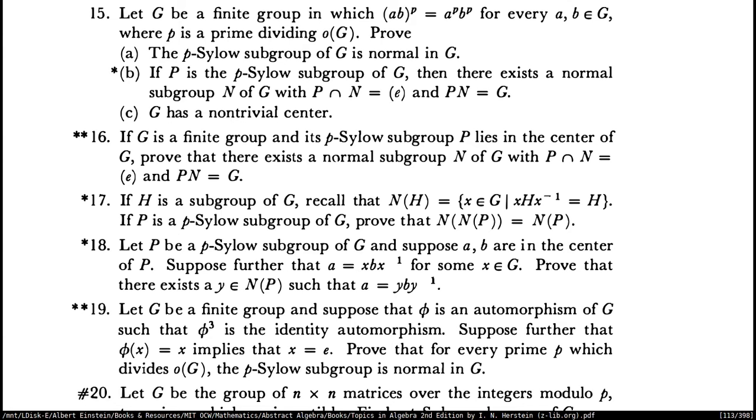I want you to accomplish the same thing, but not move out of the original Sylow subgroup. I want you to find a Y that leaves your Sylow subgroup fixed and still moves B to A.